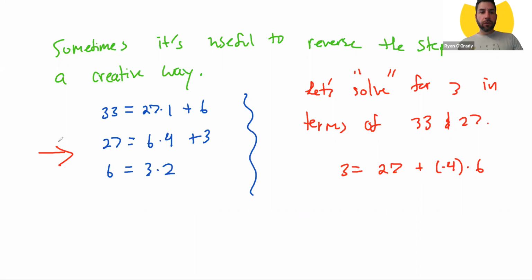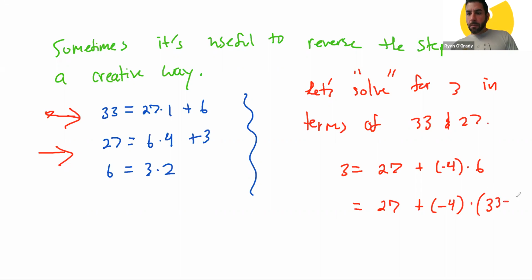However, the top line has a connection between not just 33 and 27, but it also has 6. So I can leave this as 27, and instead of writing 6, I'm going to write what the top line tells me 6 is, and that is 33 minus 27.